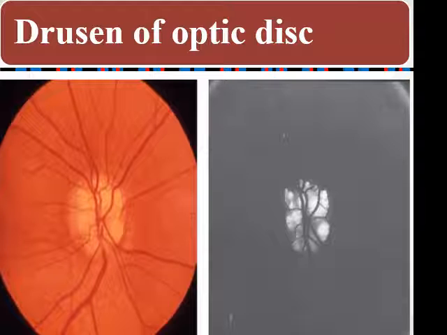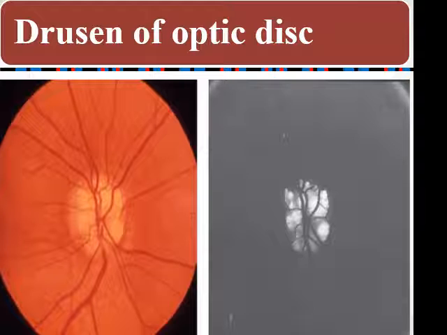How to look for this autofluorescence? Get your patient to the fundus camera, introduce both the barrier and exciter filters, and then look at the optic disc.